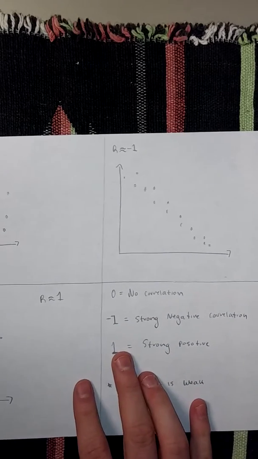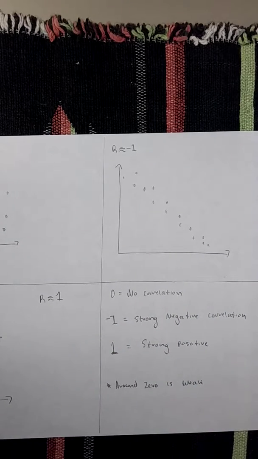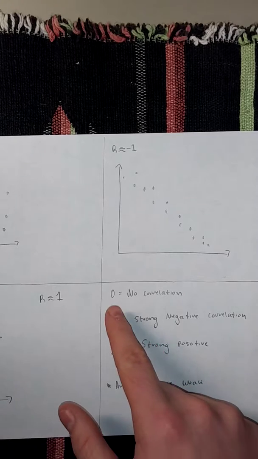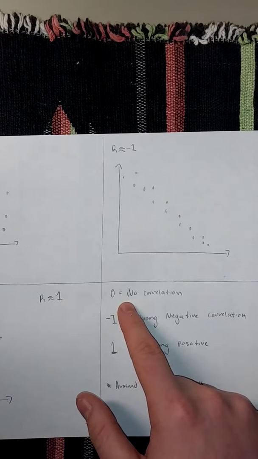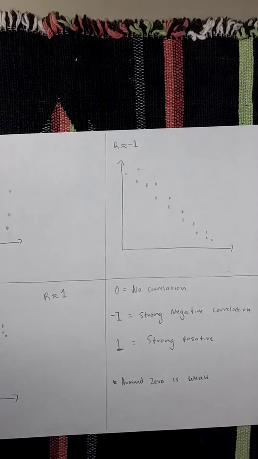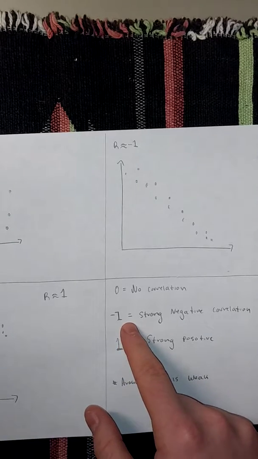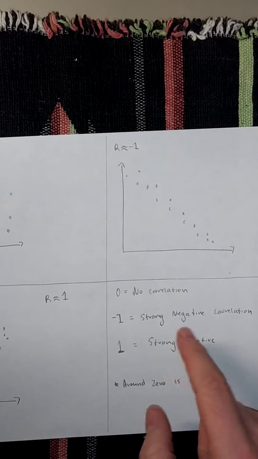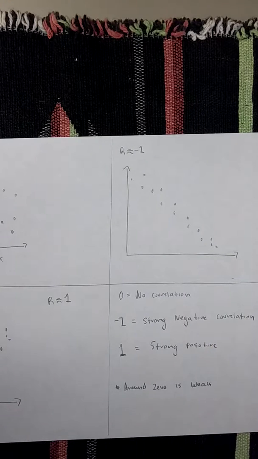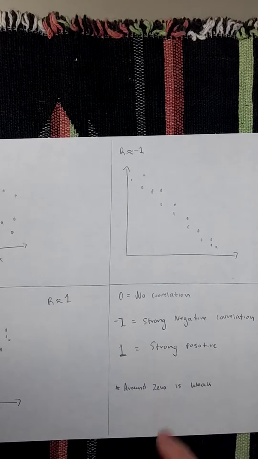Now, keeping that in mind, to recap, when the r value is 0, there is no correlation. When the r value is close to -1, there is strong negative correlation. When it's close to +1, there is strong positive correlation.